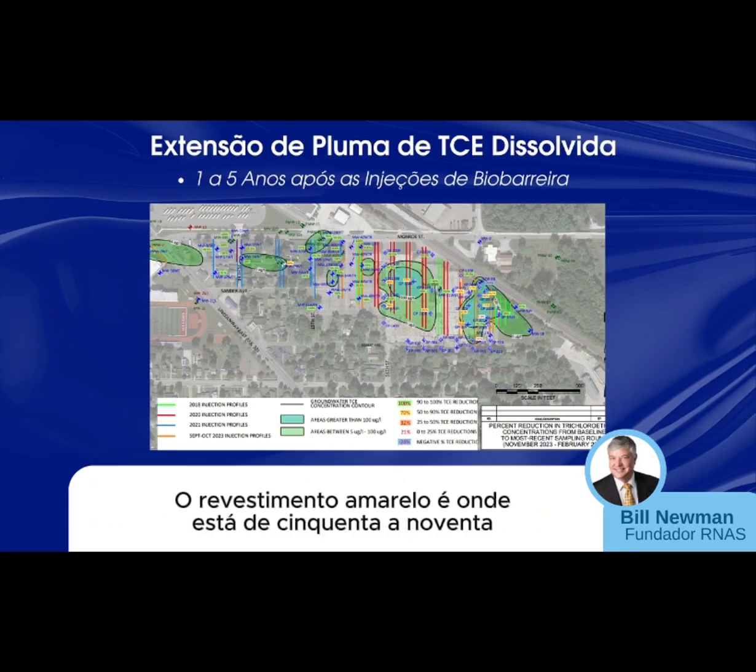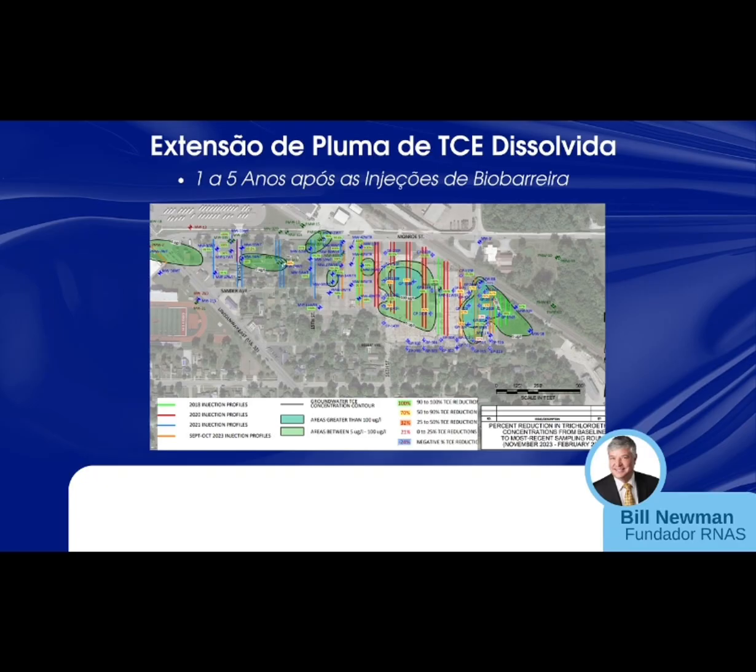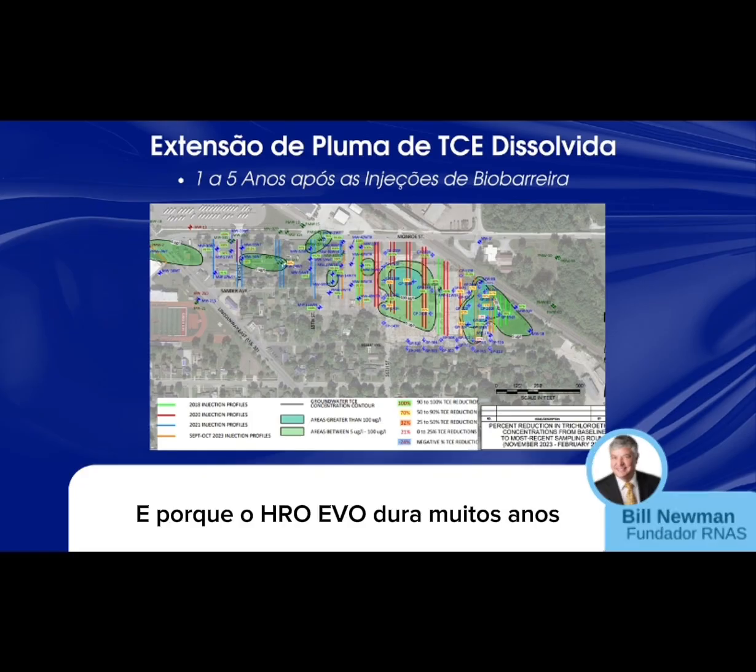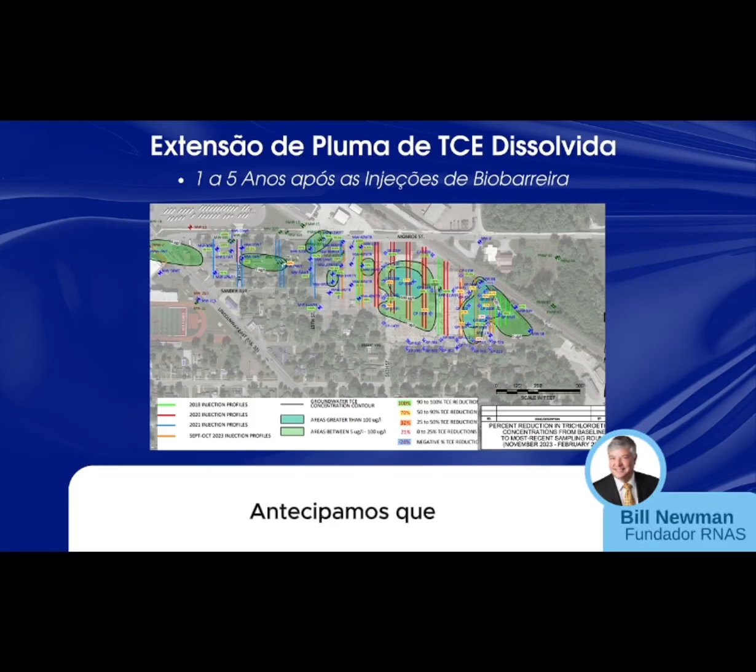The yellow coating is where it's 50 to 90, and the orange is 32%. So very good activity, and because the HRO EVO lasts for many years, we anticipate that those biobarriers will keep going for years to come.